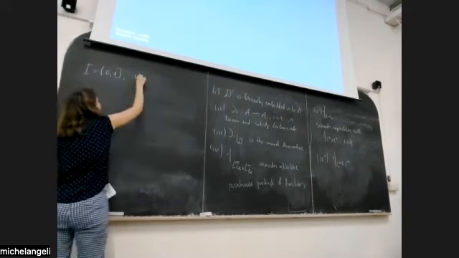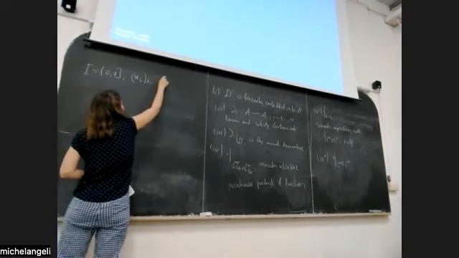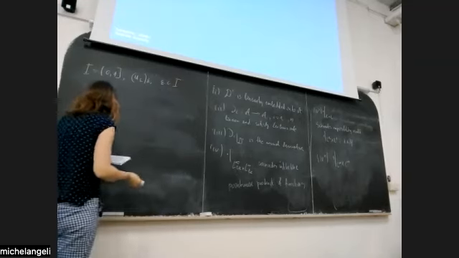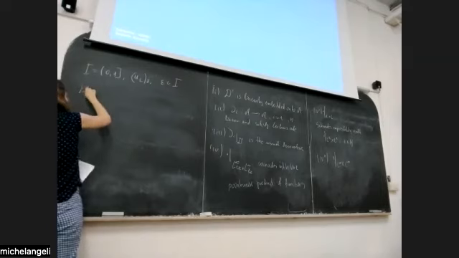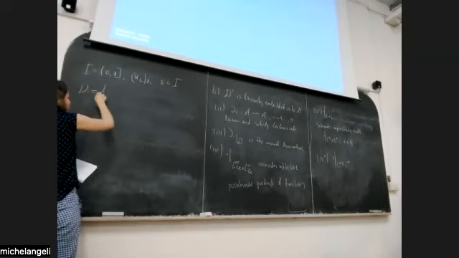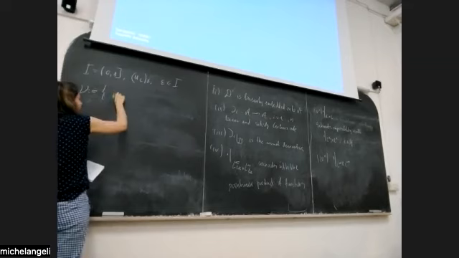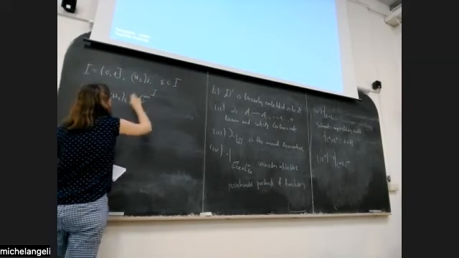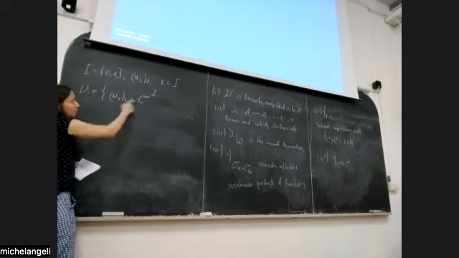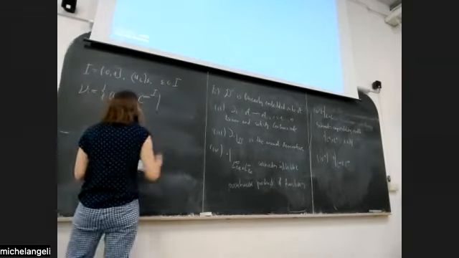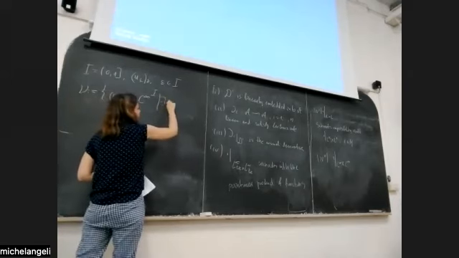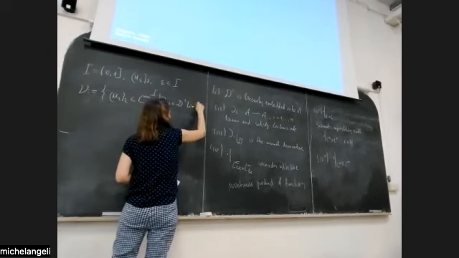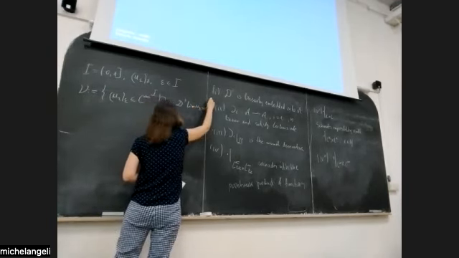Let's observe maps of functions u_ε, where ε belongs to I. So we will define the set M to be the set of all nets u_ε in C infinity, so that u_ε are smooth functions, such that there exists u in D' so that the limit of u_ε is u.